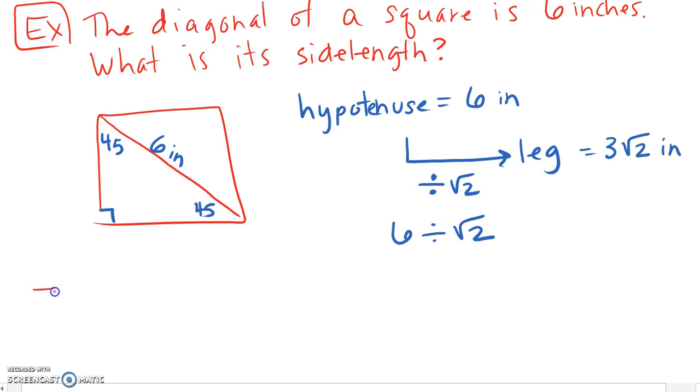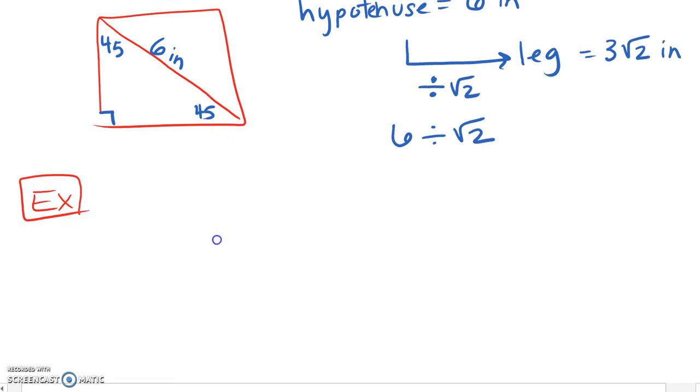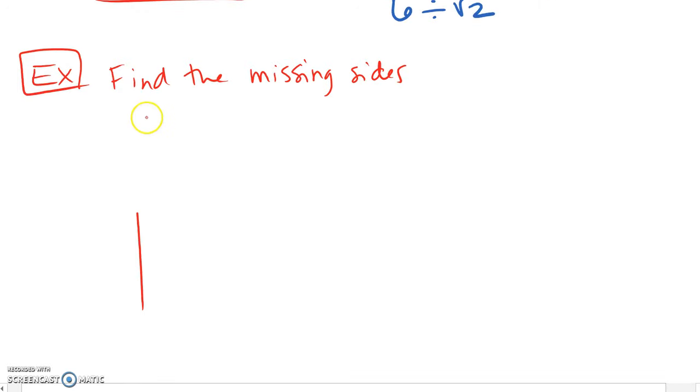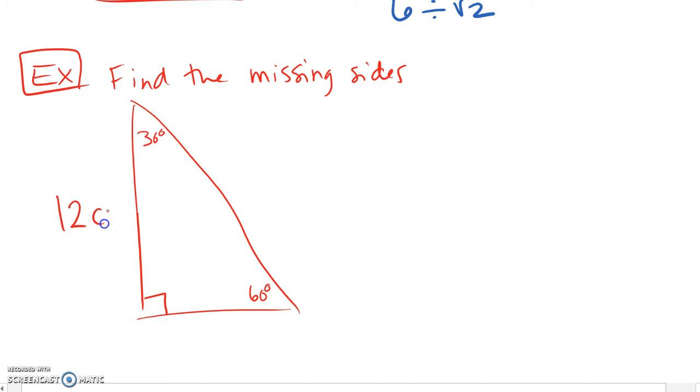Example. Find the missing sides. I have a triangle. It is a 30, 60, 90 triangle. I know that the long leg is 12 centimeters, and I want to know what the short leg is and what the hypotenuse is.